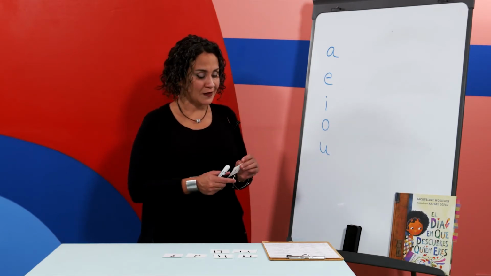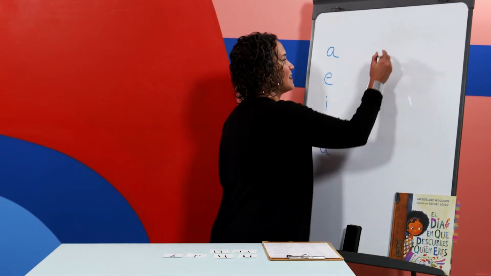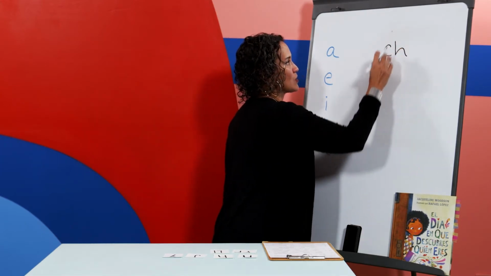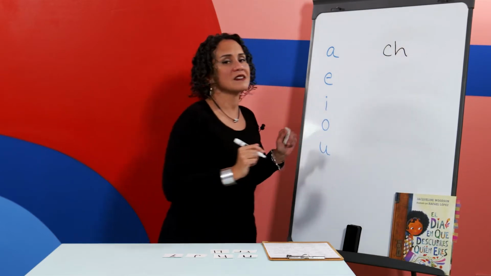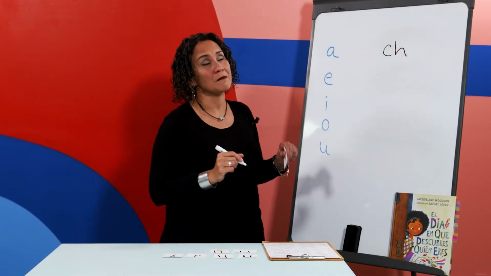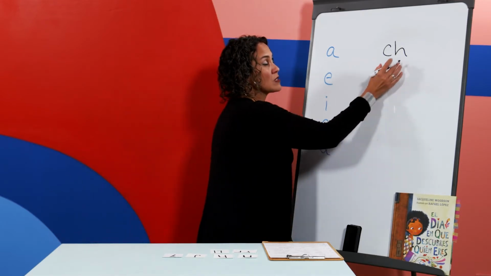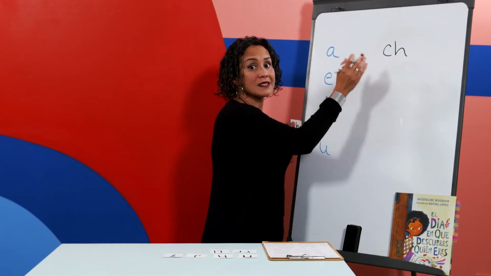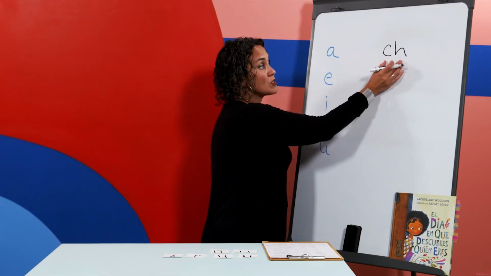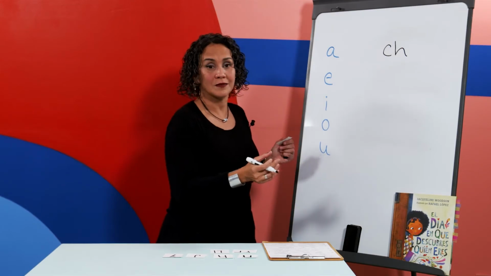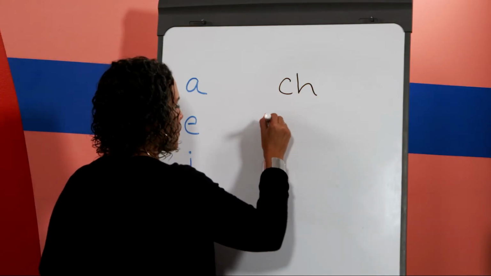Now, remember that I said that when you see that H, you're going to ignore it. There's one exception to that, and that is when you see CH, okay? That is not a letter. It used to be a letter many years ago, but it is no longer a letter in Spanish. So it is considered just a sound. It's just like in English, where you see this, you go ch, ch, ch, like in chocolate, okay? Same thing.